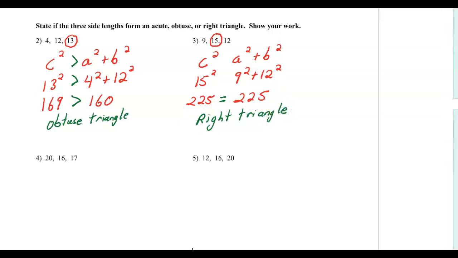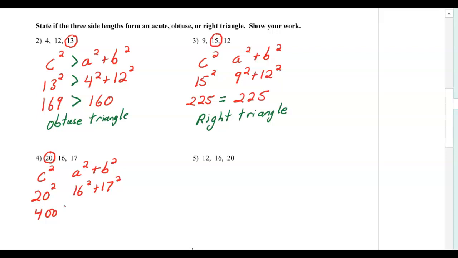And let's look at one more example, problem number 4. Again, c is 20. So when I check c squared compared to a squared plus b squared, I want to put 20 in for c. So 16 squared plus 17 squared. This is 400.